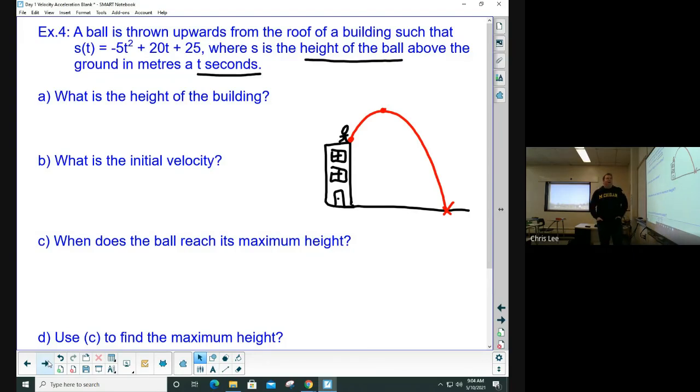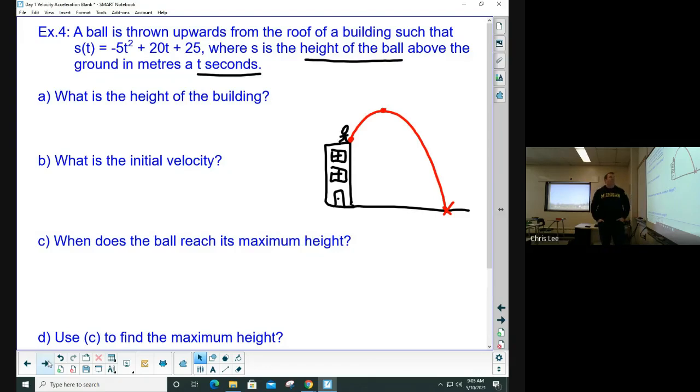So if I want to know anything about height, I use this original function. If I want to know anything about velocity, I need to take the derivative of that function. And if I need to know anything about acceleration, I need to take the second derivative of that.